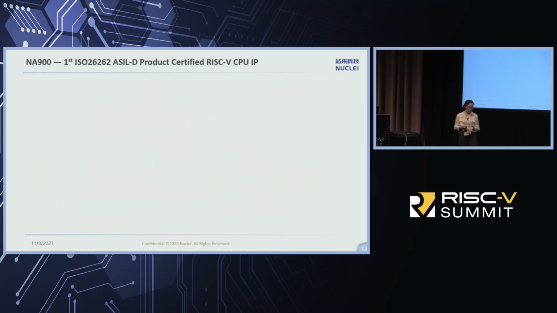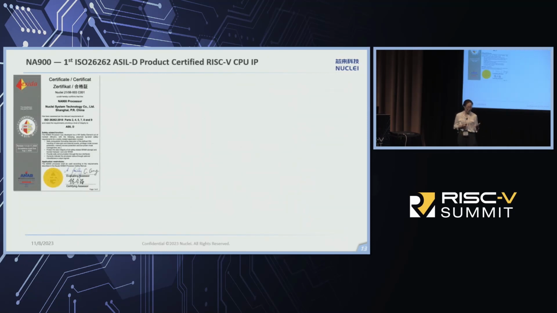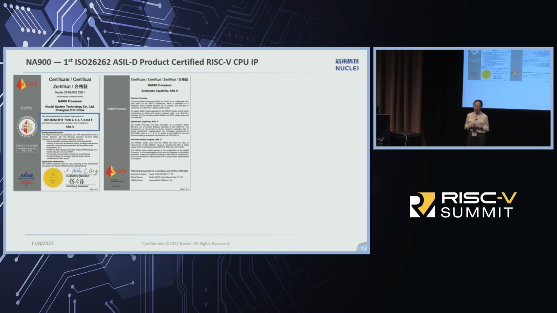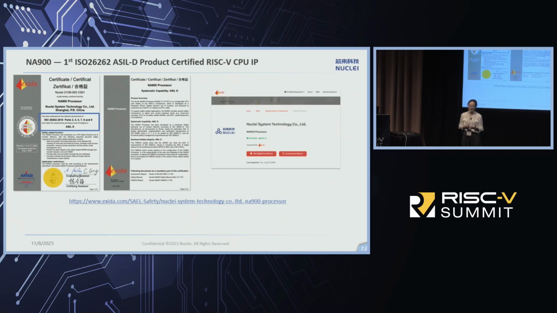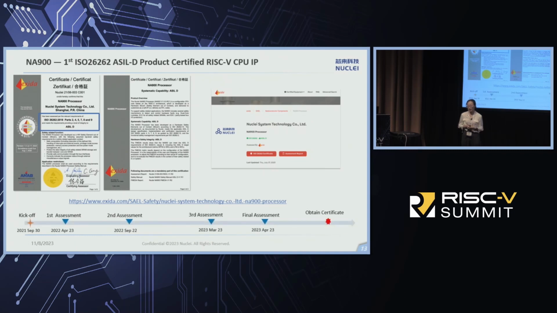So back to today's automotive topic, NA900 is the first ASIL-D certificated RISC-V IP, I think, in the world. We worked with ASIL-D and kicked it off in 2021.